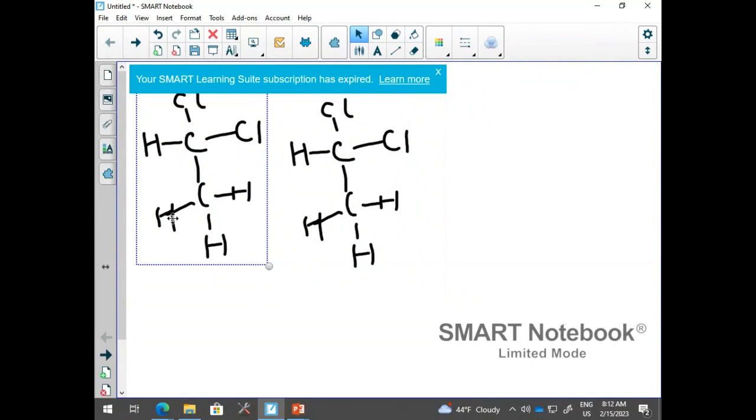So if you are wondering whether this proton and this proton are the same type, you can try to do the replacement test.